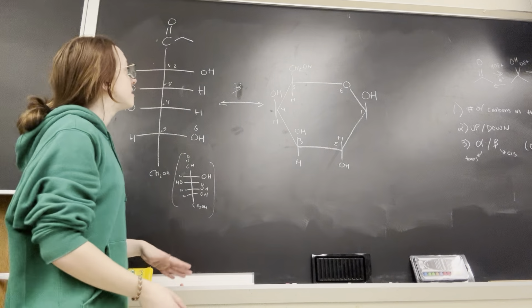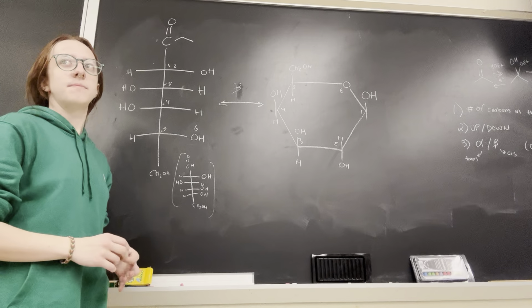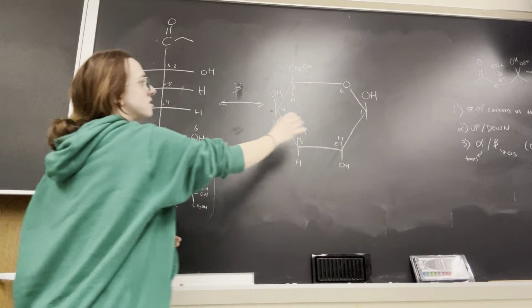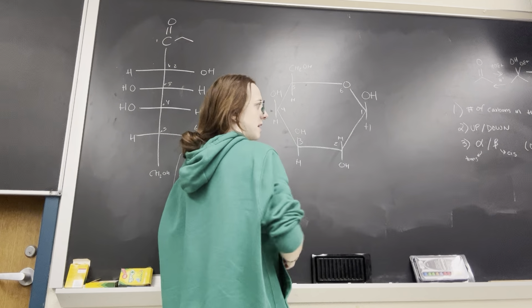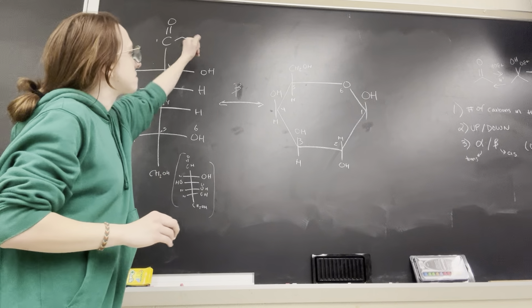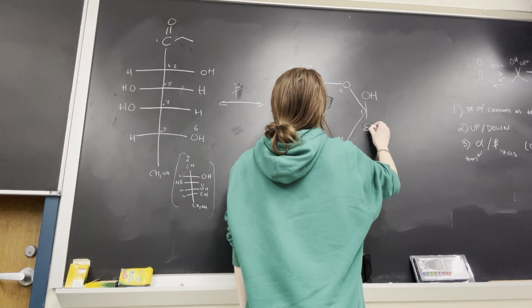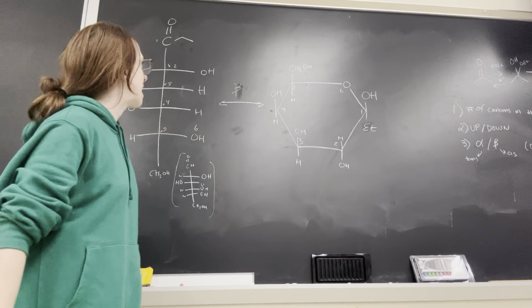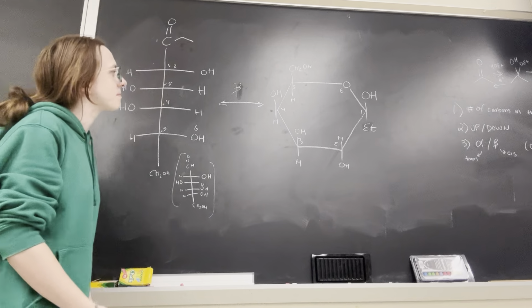Now what's different is that instead of an aldehyde, which had an H here, this is a ketone, and so you have to account for whatever is here. So it's just an ethyl, right? 1, 2.